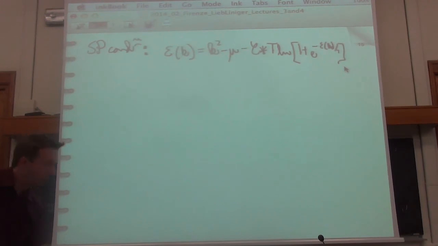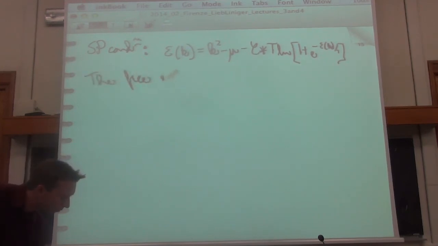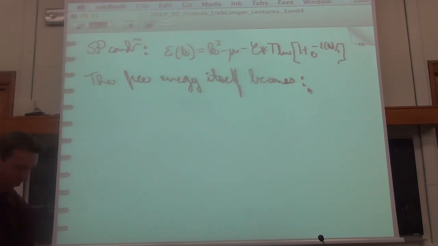Now, if you work a little bit on the free energy itself, it's just a tiny bit of algebra to show this.